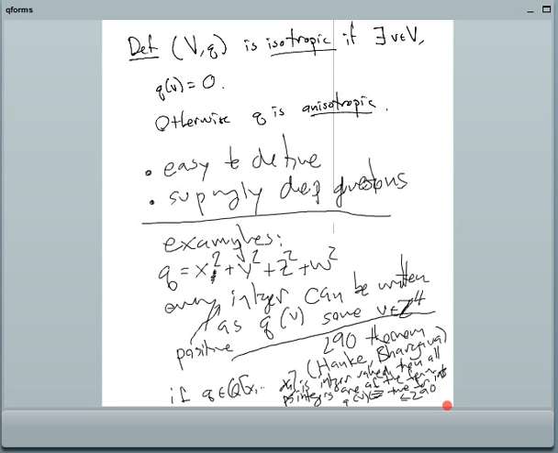So in other words, if you can write every positive integer which is less than 290 in the form Q of V, then every positive integer can be written in that form.